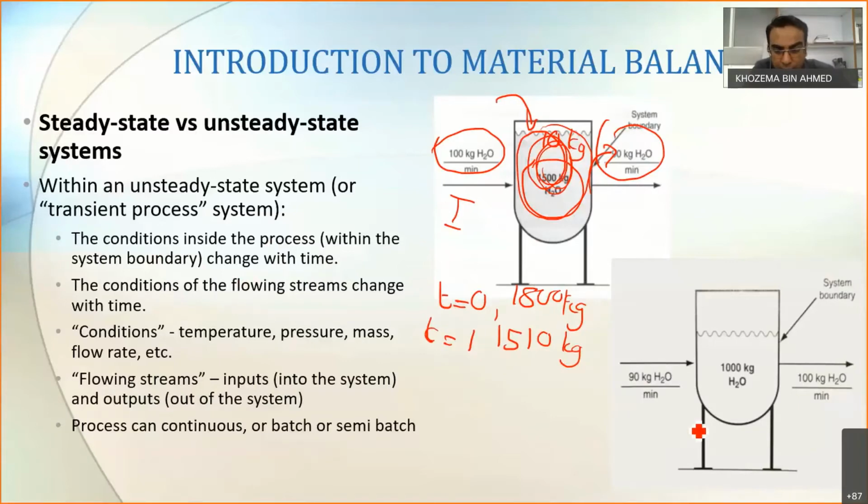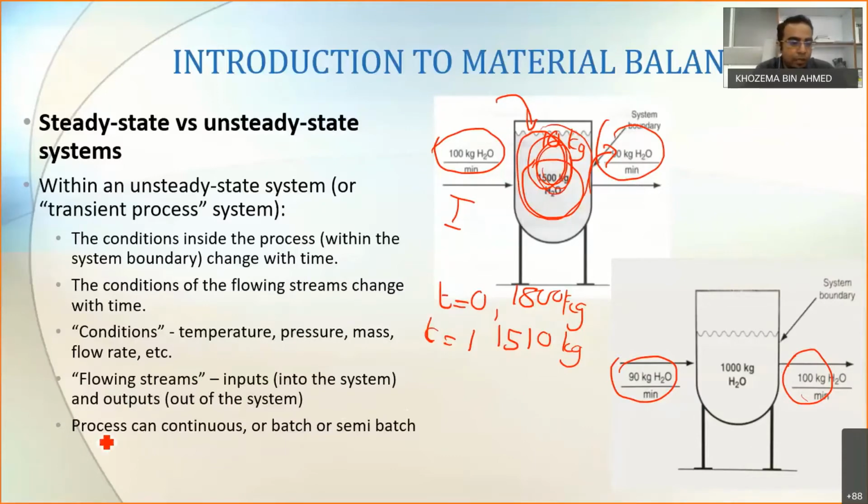So this is another example where you have a small amount of input and a large amount of output. Those are the differences between unsteady state and steady state process. For steady state, your process can only be continuous. If it's a batch process, it won't be steady state.